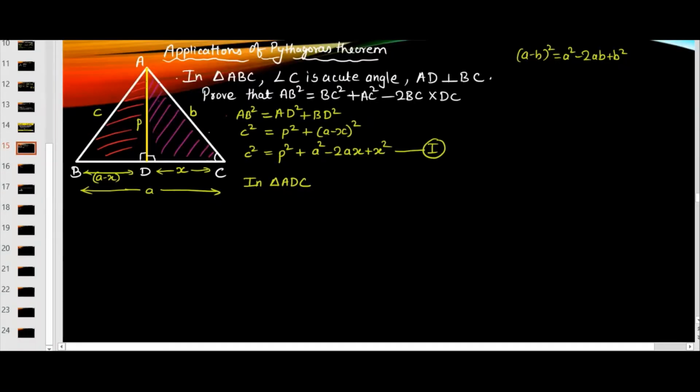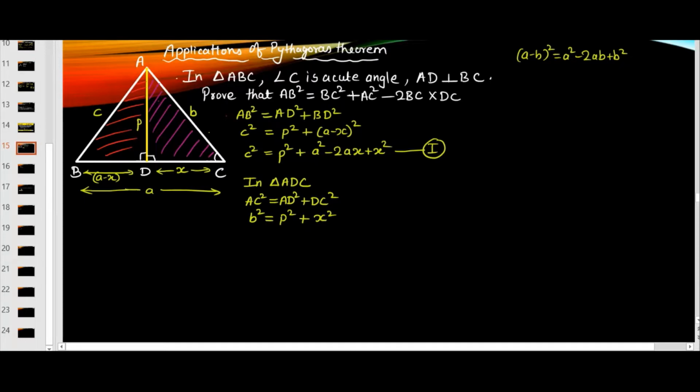If you apply Pythagoras theorem, what will it be? AC square is equal to AD square plus BC square. So AC is B, so it will become B square equals P square plus BC is X, so it is X square. This becomes our second equation.